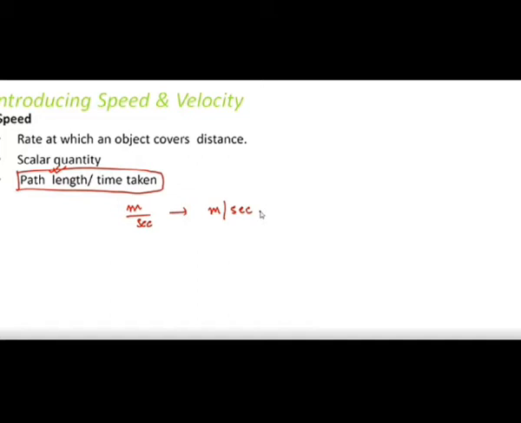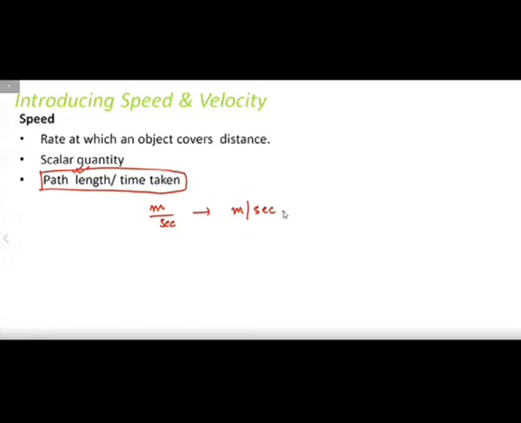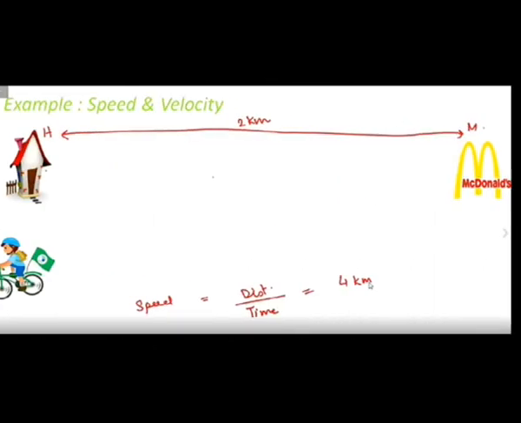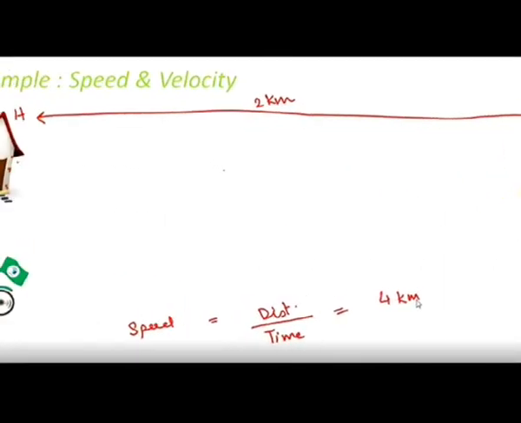That means in order to define speed, only magnitude is enough. If I say a boy runs at a speed of 2 kilometers per hour, I don't need to mention the direction in which he runs. Just the magnitude is enough to describe speed. So speed tells us how fast or slow an object moves.